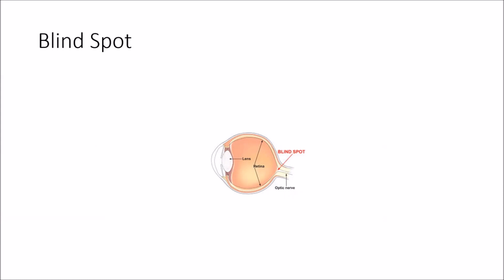The blind spot is basically a part of the eye that doesn't have cone cells or rod cells. Or another explanation is that the cone cells and rod cells at this part of the retina are basically blocked by the optic nerve. So this is basically a part of our eye that cannot see anything.